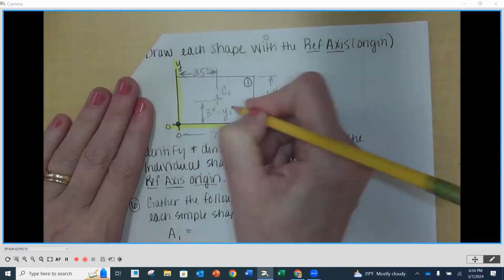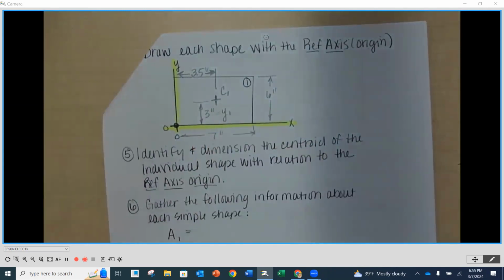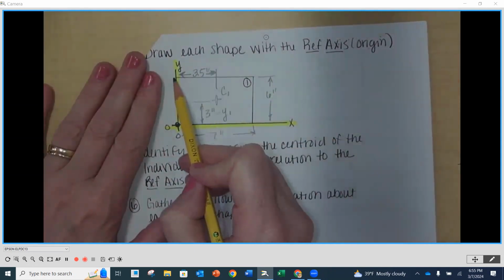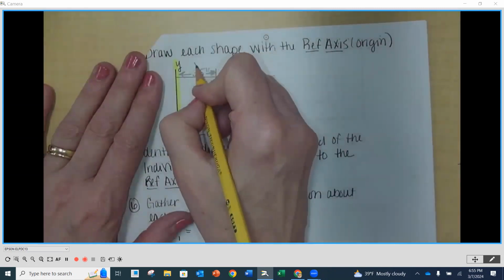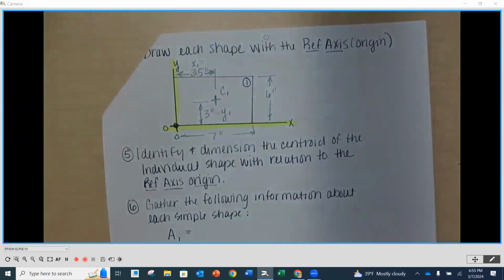This is going to be my Y1. It's also a lot of times stated the distance from the x-axis is going to be your Y value. And then my other dimension, my 3.5, this is going to be my X1. It's the horizontal dimension, and it's the distance from the y-axis to the centroid. Okay.